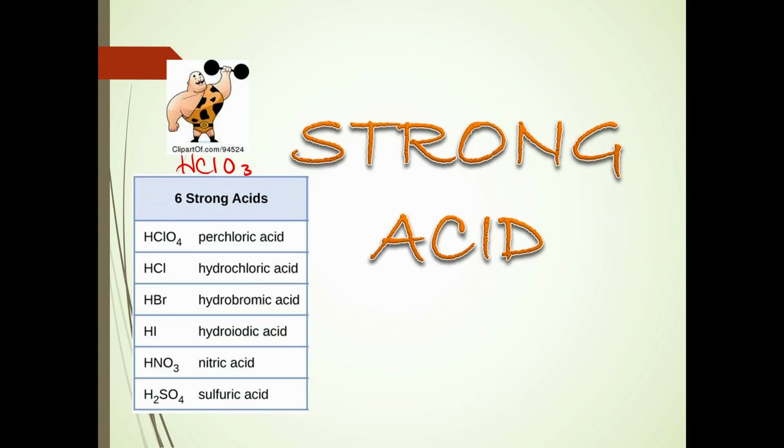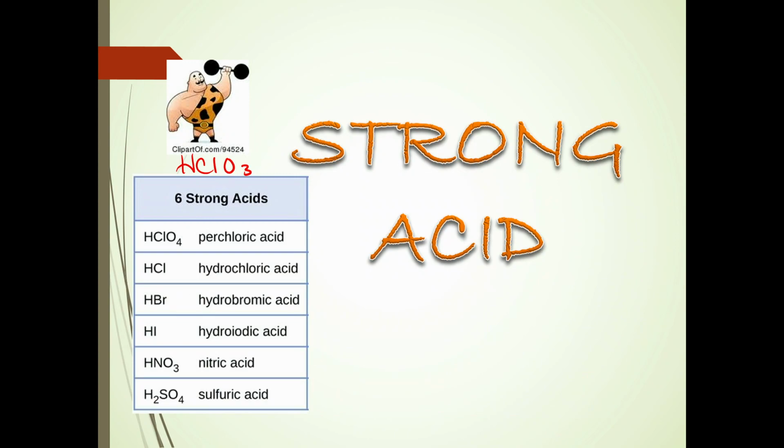But the lower halogens and 4 of the polyatomics. Sulfur, SO4, nitrogen, NO3, and 2 of the chlorine, ClO3 and ClO4. We'll see why these are the 4 polyatomics that are strong. There's a bunch of other polyatomics that are not strong, like the H2CO3 that I showed. We'll see why a little bit later in the chapter.